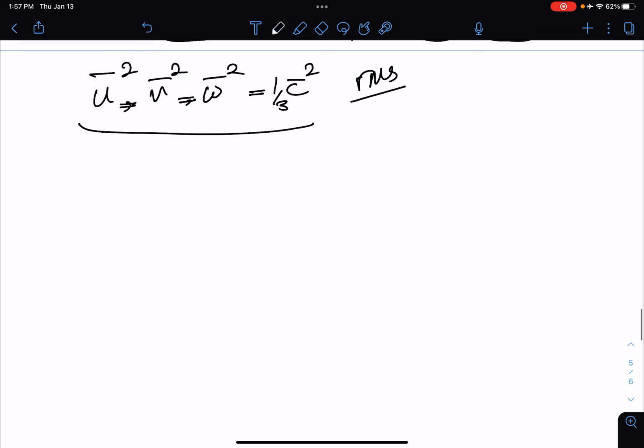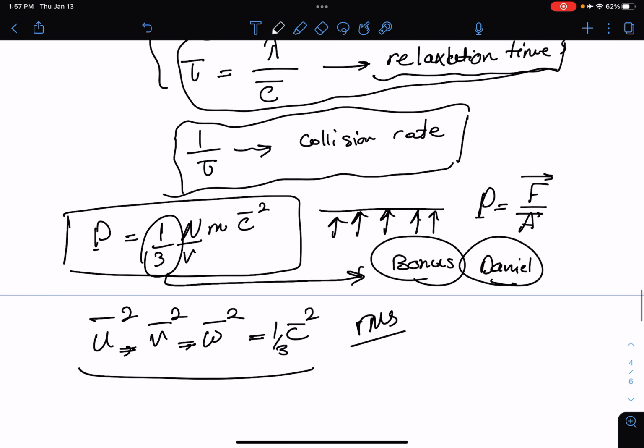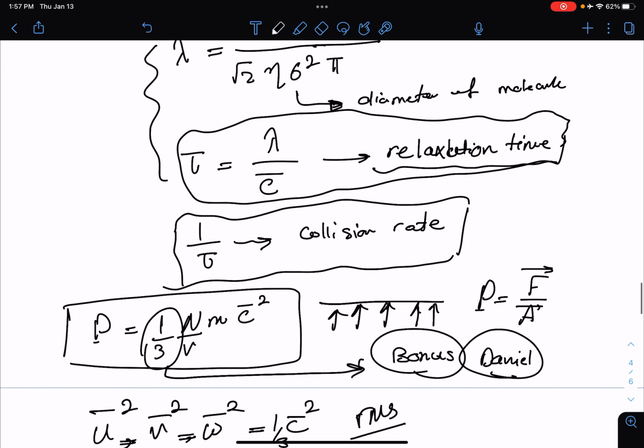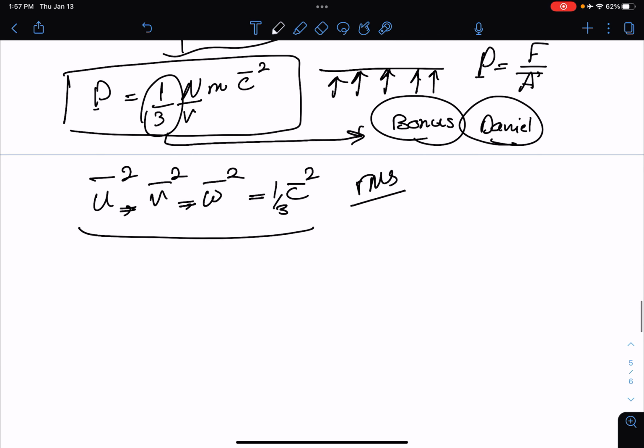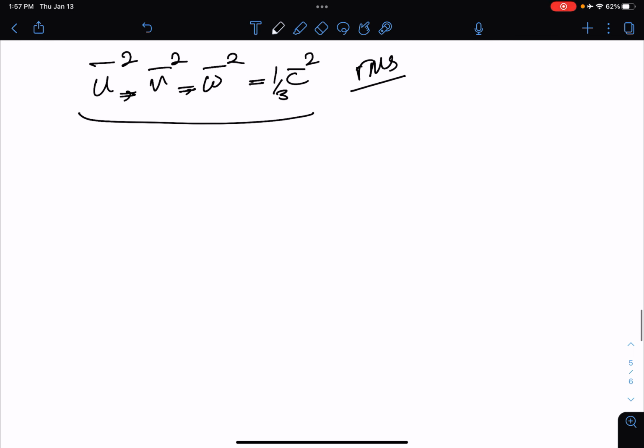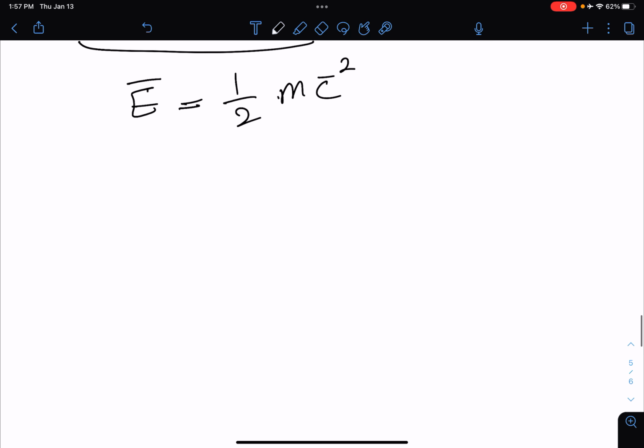So, we understand the frequency, pressure, relaxation times, mean free path, and also the velocity. Let's go to the energy. The average kinetic energy of the system is 1/2 mc squared. Something we knew. Just instead of v, we have c squared.